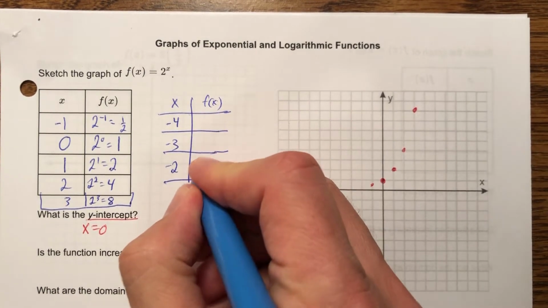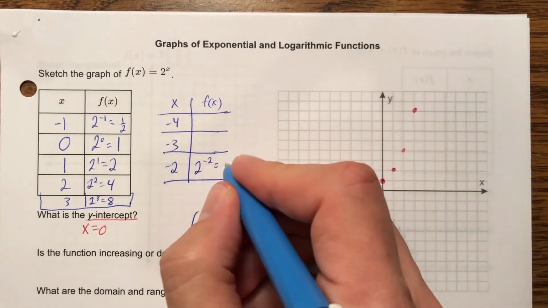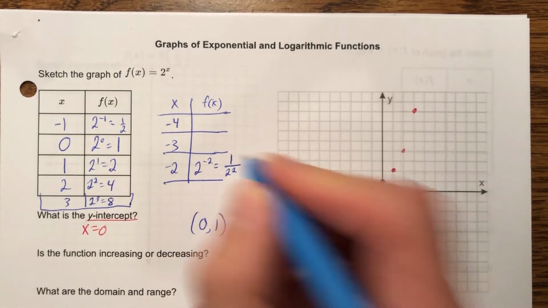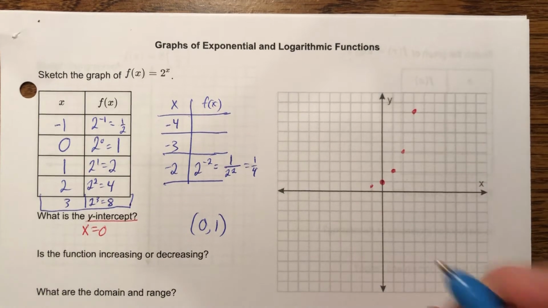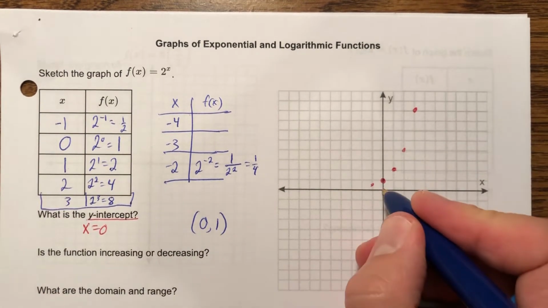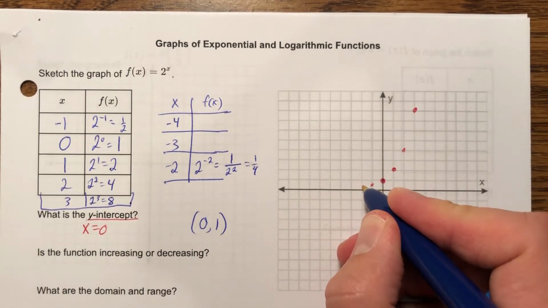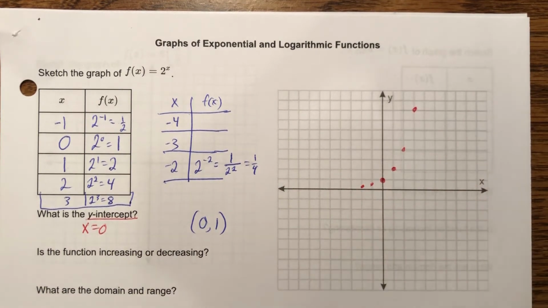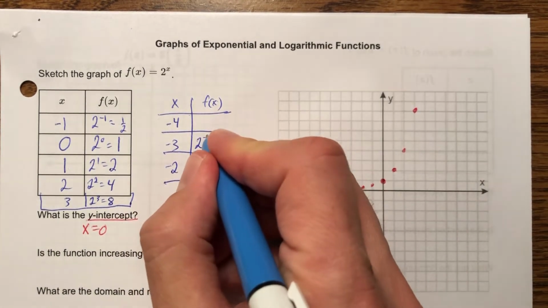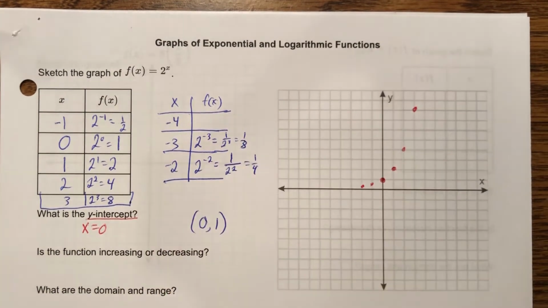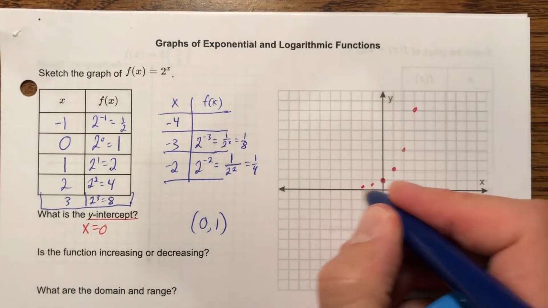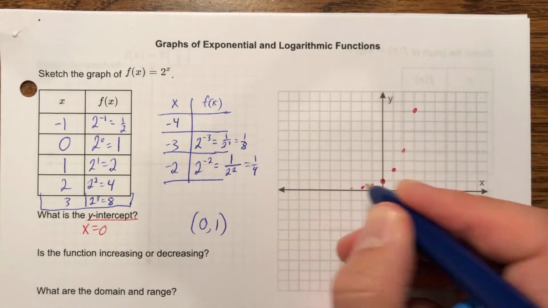If I had 2 to the -2, well, that would be 2 squared in the bottom, 1 on the top. So that'd be 1/4. Okay, so let's plot that point. -2, 1/4. That's hard to plot. And then if we do this one, we'd have 2 to the -3, which would give me 1/2 cubed, which is 1/8. All right, well, so we're going to go back to 3 and then 1/8, which is even closer.